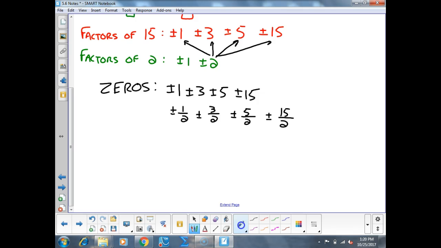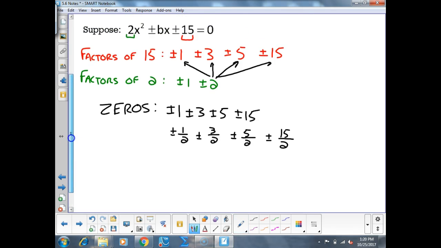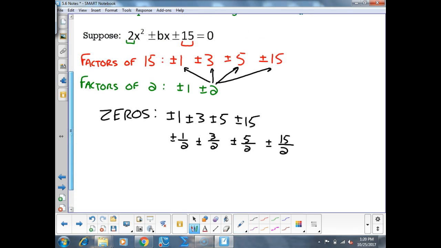Okay. So what we've done, on a small scale, is take an infinite amount of possible zeros and narrow it down to a field of 16. Because there's 8 numbers, each with a positive and a negative, so there's 16 possible zeros.